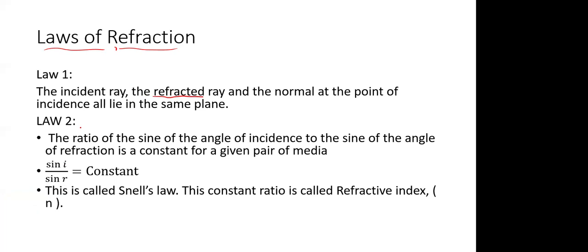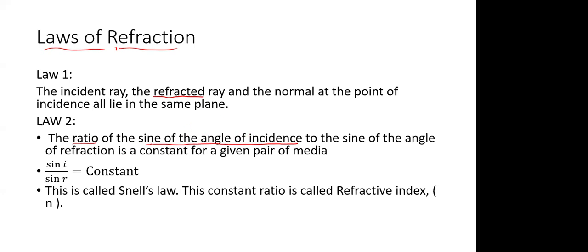Then the second law tells us that the ratio of the sine of angle of incidence, and I want to be very clear, the word ratio is very key. When we say ratio, it means a fraction. So here we are going to look at the fraction of the angle of incidence and the angle of refraction.